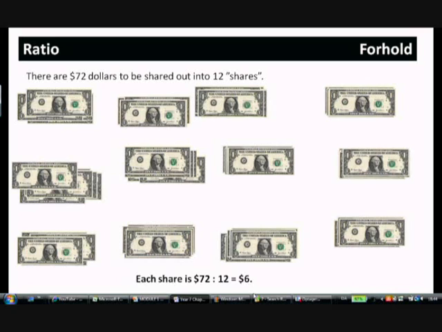Each share has 72 divided by 12, $6. So you can write that down.